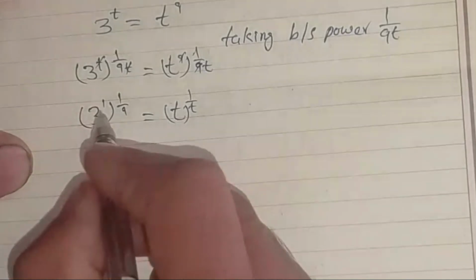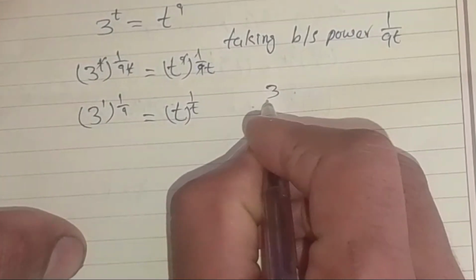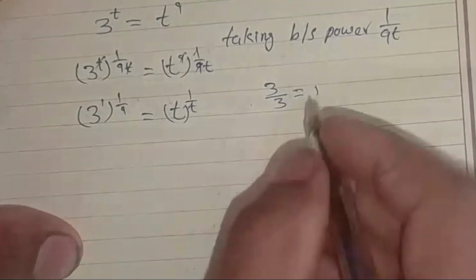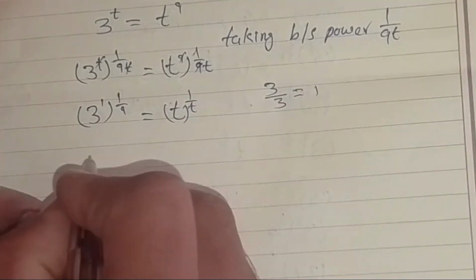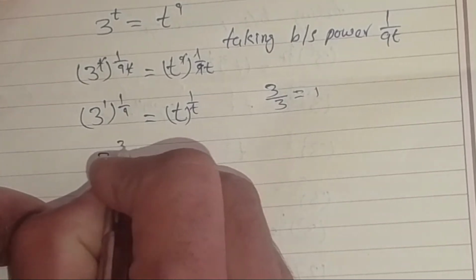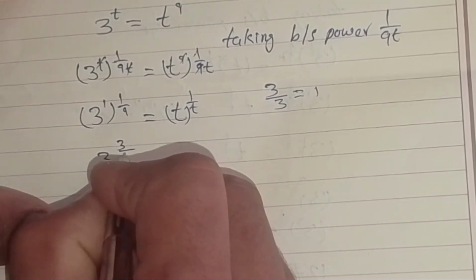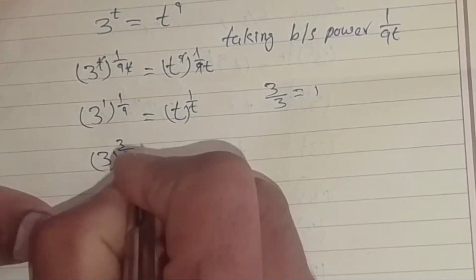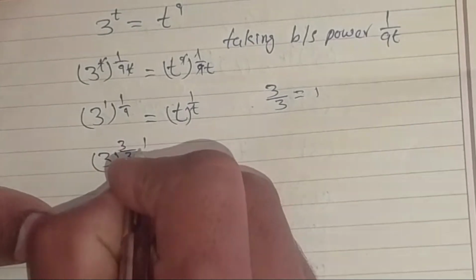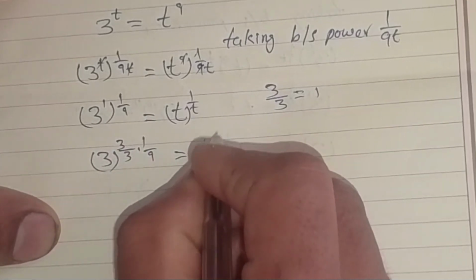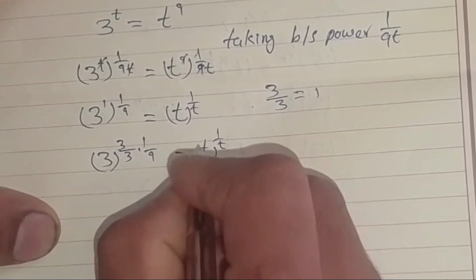Now we know that 3 divided by 3 again gives us 1. Now we put this 1 here. So 3 power of 3 divided by 3 and 1 over 9 equal to t power of 1 over t.